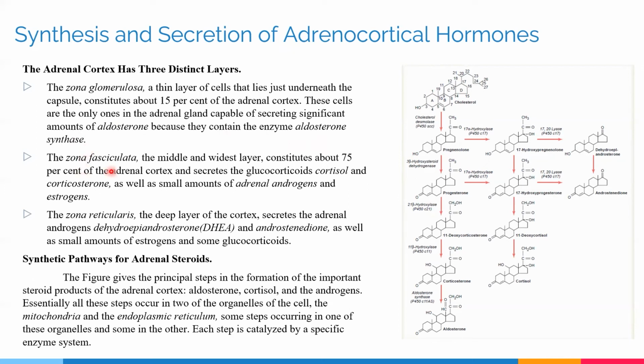The zona fasciculata, which is the middle and the widest layer, constitutes about 75% of the adrenal cortex and secretes the glucocorticoids, cortisol and corticosterol, as well as small amounts of adrenal androgens and estrogens.